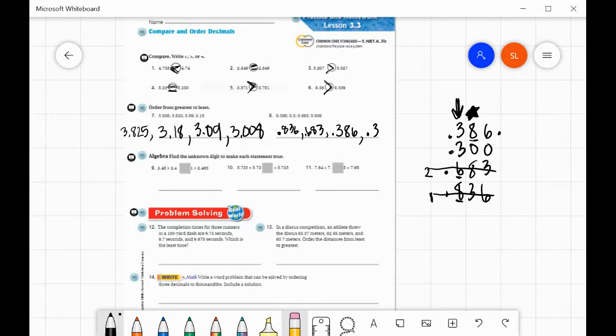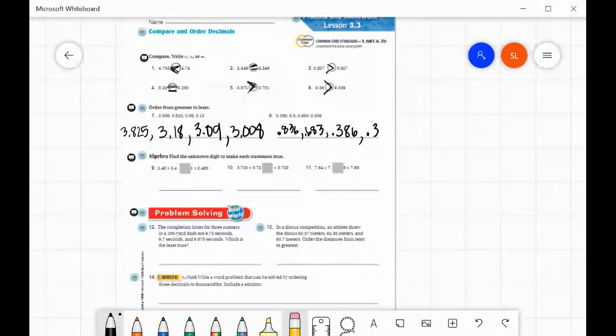Okay. All right, next, number 9. We are going to find the missing digit. There's an unknown digit, and we have to look at this. So this is going from largest to smallest. So I'm going to go ahead and do exactly what we did a second ago, and I'm going to write them down in order.